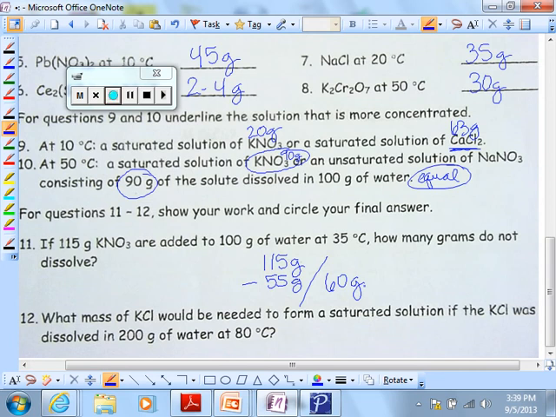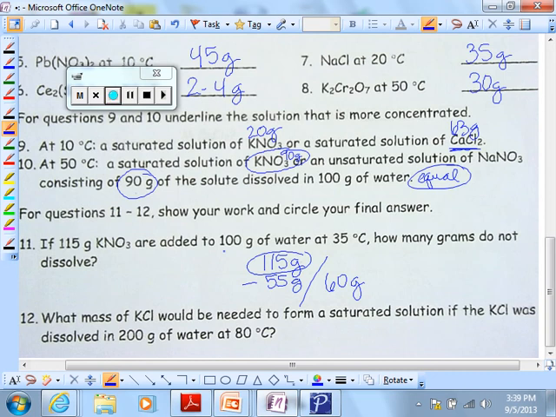Now the way that you could easily test this is to put 115 grams in 100 grams of water and then filter out the undissolved part. We said 60 grams do not dissolve, so we should get 60 grams in our filter when we filter it out.